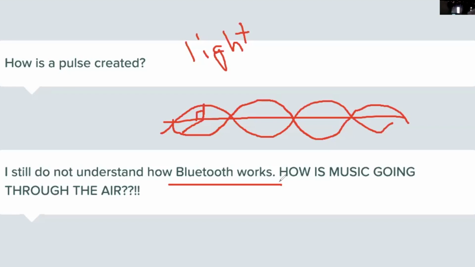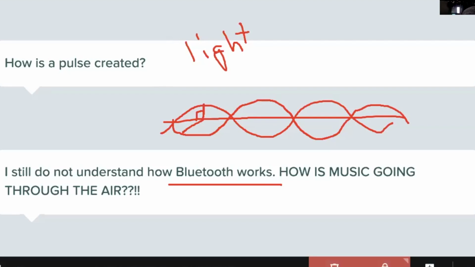We'll talk about this next unit too, but it causes a magnet in your earbuds to vibrate with the same frequency as the actual music you're listening to, and it recreates the sound. But Bluetooth operates on a set frequency that's different from your cellular signal, and it has a different amount of energy, which means a different range and those kinds of things. But it's basically a wave of light.